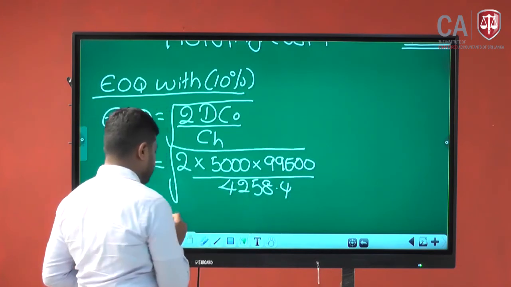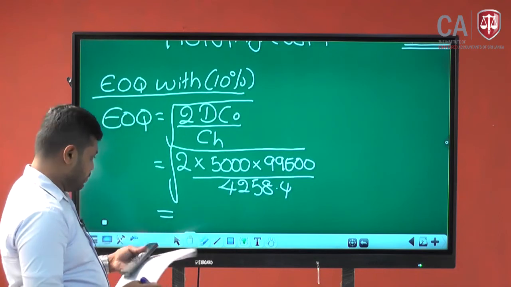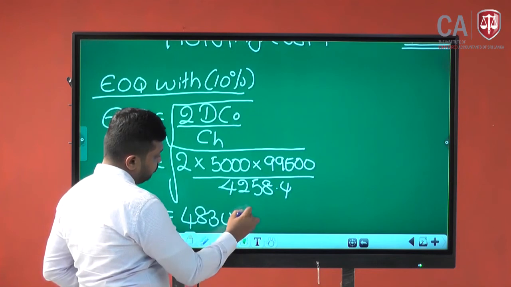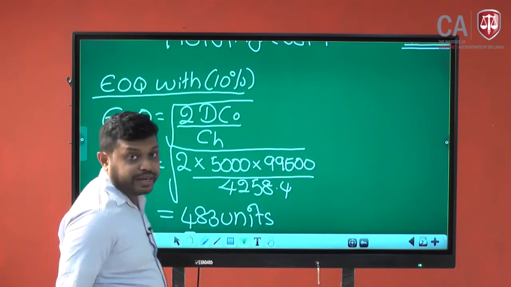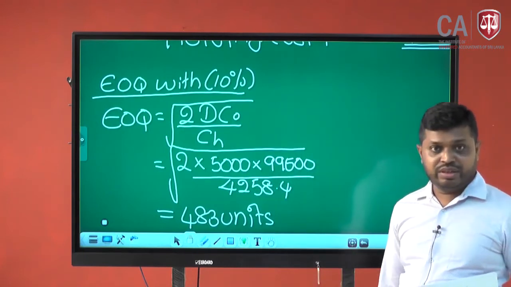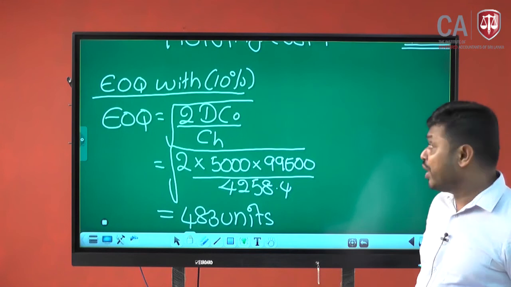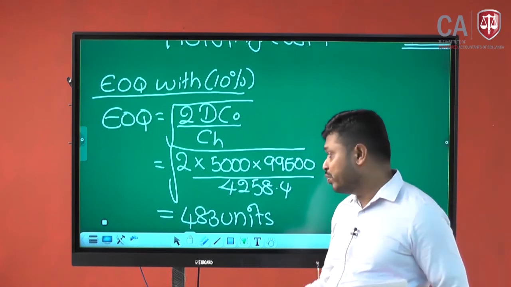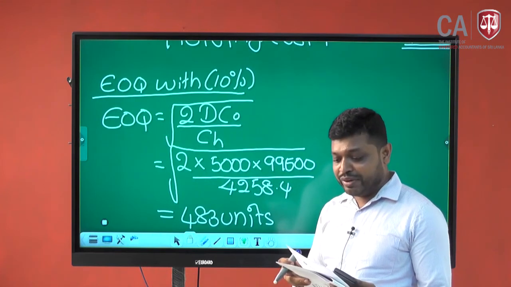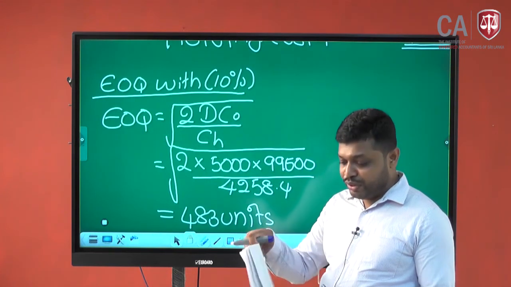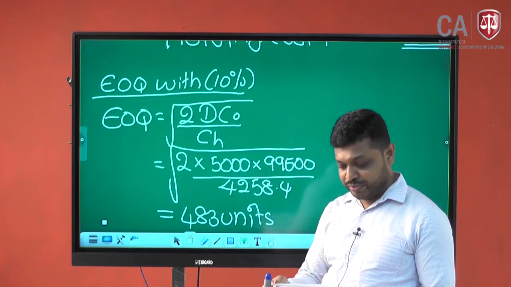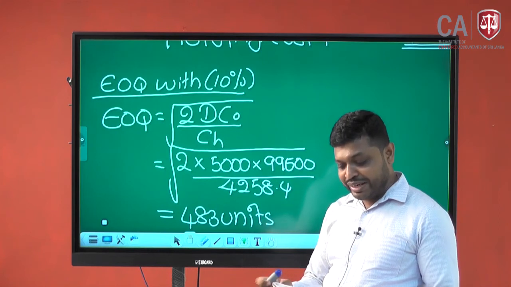The answer is 483 units. According to the EOQ formula, it is 483 units. Is it valid? No, you are not entitled to 10% discount, because you are only entitled to 10% discount if you order 750 or more. Therefore, the EOQ formula is not valid at this point.